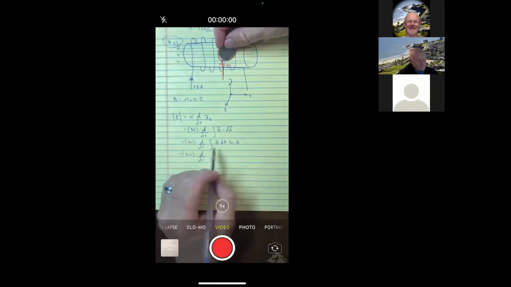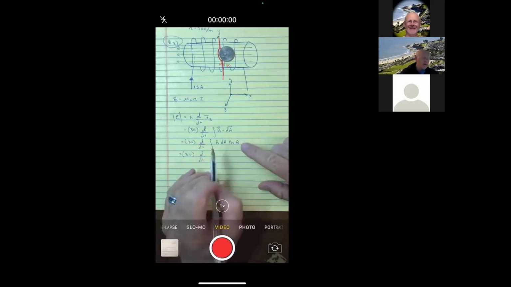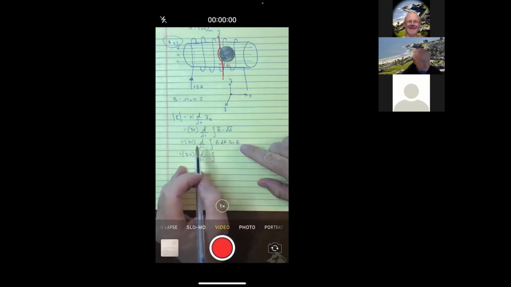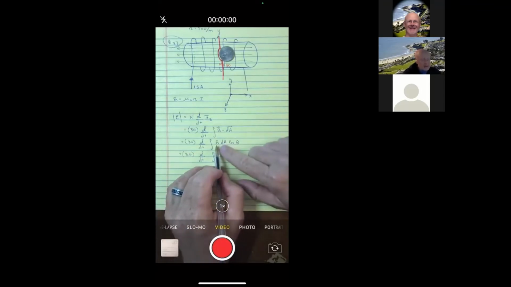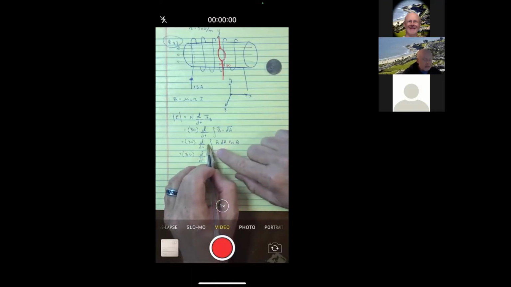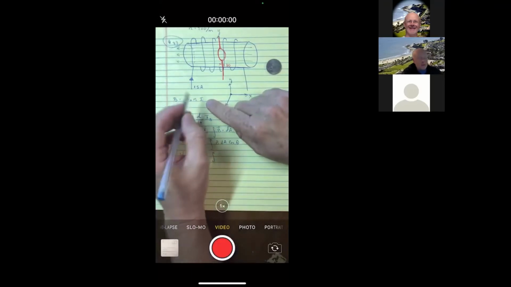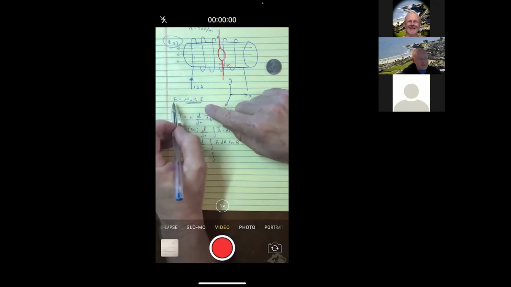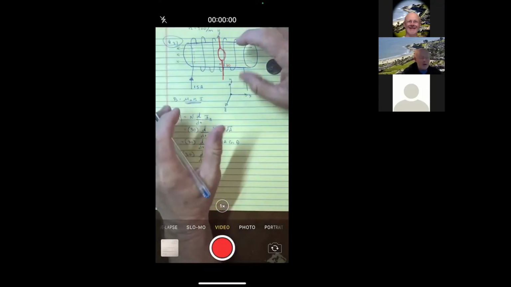Actually, before I even do that, why don't I point out that B is a constant in space? That's from our chapter 30, that the magnetic field has this much everywhere inside the solenoid.